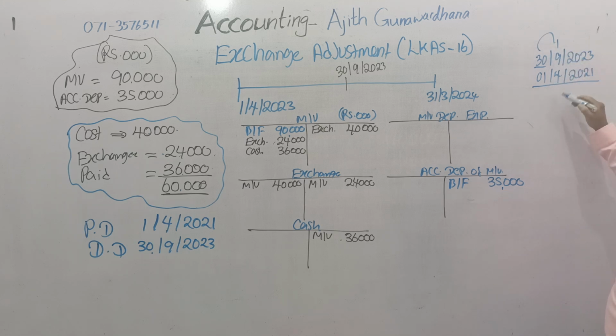Therefore 10 minus 4 equals 6, and 23 minus 21 equals 2. From purchase date to exchange date, the exchanged asset was used for 2 years and 6 months.